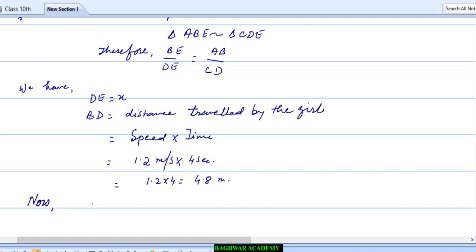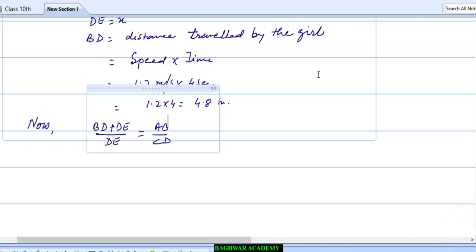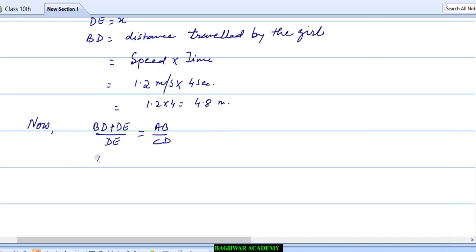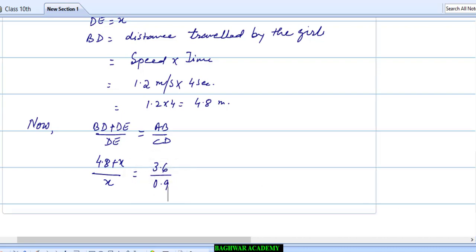So BE by DE, we can write BD plus DE by DE will be equal to AB by CD, or 4.8 plus x divided by DE. DE means x we have assumed, and that will be equal to AB, we know 3.6, that is the height of the lamp post, and CD the height of the girl, that is 0.9.